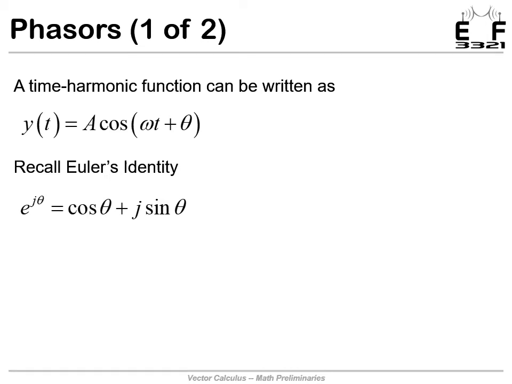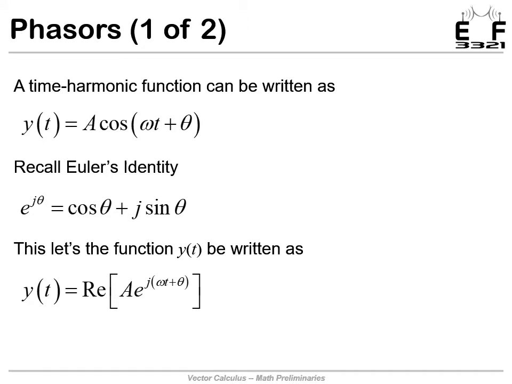To get to what a phasor is and how we write it, recall Euler's identity. Euler's identity relates our sines and cosines to a complex exponential. And so we see that the complex exponential of the angle argument theta equals cosine of theta plus j times sine of theta.